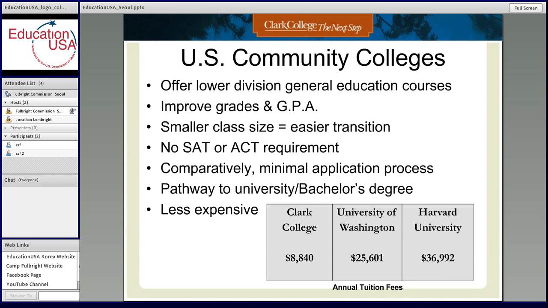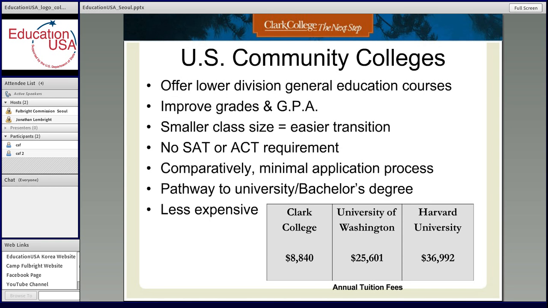Community colleges are often significantly less expensive in the United States than universities. This graph here illustrates a cost comparison. If you were to start at Clark College, the tuition for one academic year is $8,840 US.